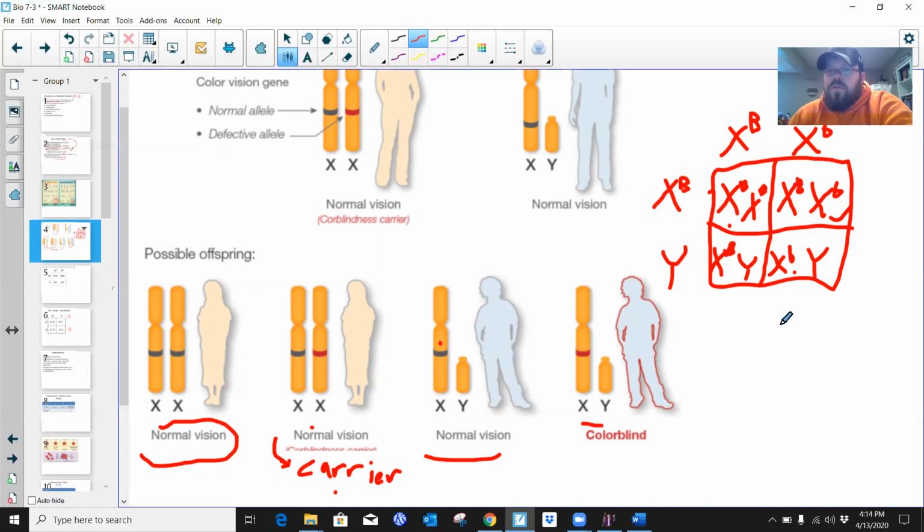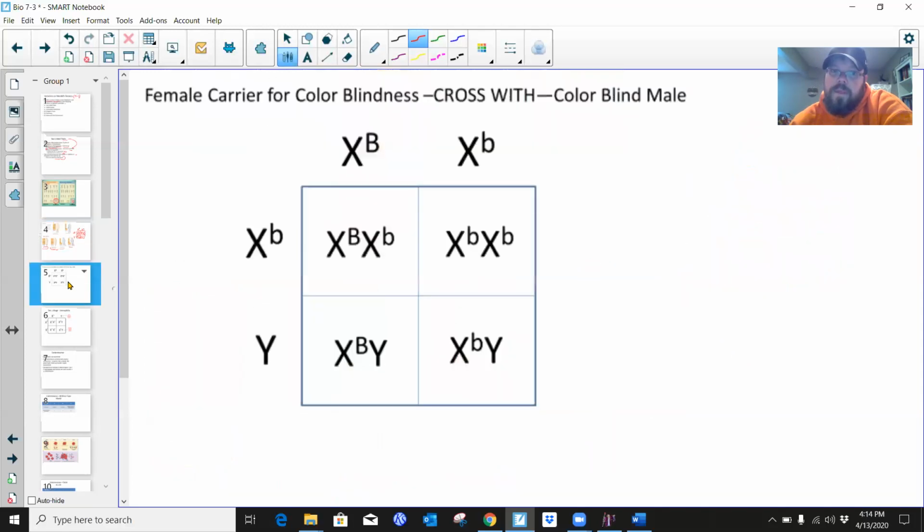So again, while color blindness is not impossible in females, it is less likely because females have 2 X chromosomes, so it is masked more easily. Whereas males only need to inherit 1 copy of the defective allele, and it's a guarantee that it would result.